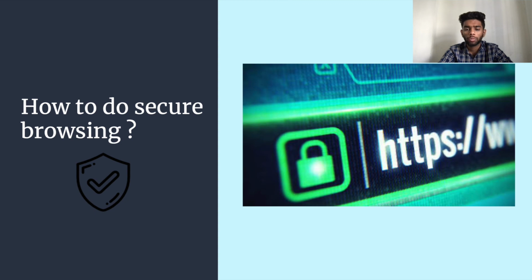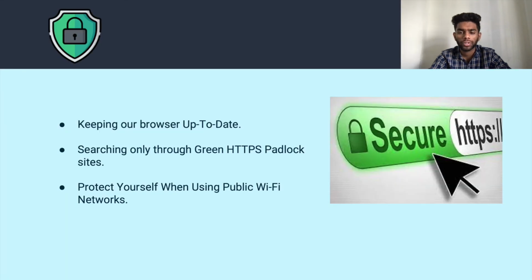We can do secure browsing by keeping our browser up to date, and by searching only green https padlock sites, which are verified and safe to use, and by protecting ourselves while using public Wi-Fi networks.